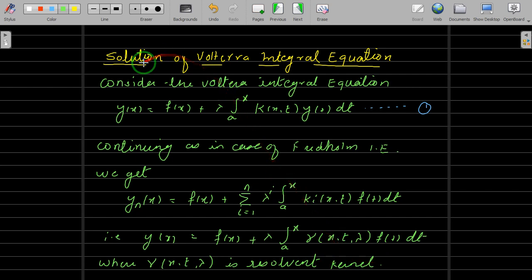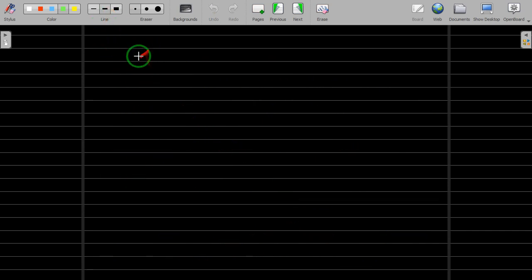Right, rather here I should have written the solution of the Volterra integral equation with the help of the resolvent kernel. So we are checking the method of how to solve this Volterra integral equation using the resolvent kernel. So here we will have gamma of x, t, lambda, which is a resolvent kernel. Now that gamma will have the ki's, so again we need to check the formula for ki. So let me write that also for you.